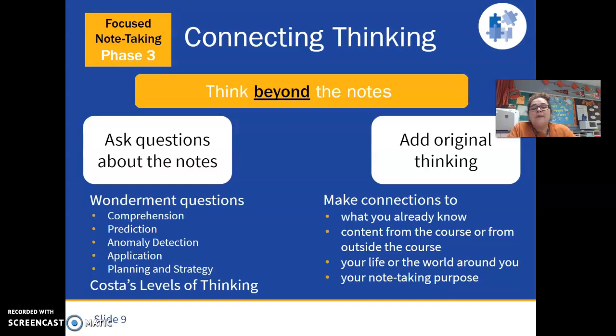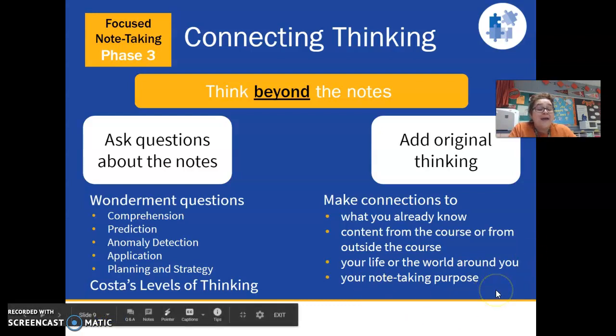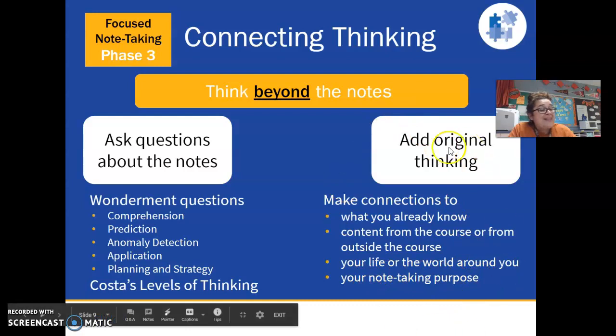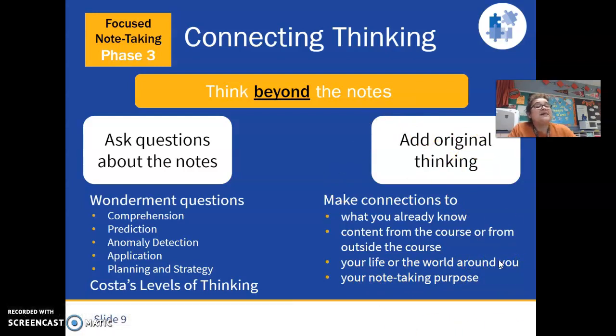And then again, think back to your note-taking purpose. What do I want to add to my notes based upon why I'm taking the notes? If this is a quiz or a test or memorizing vocabulary, I want to add things that are going to help me remember my vocabulary and prepare for the test, right?